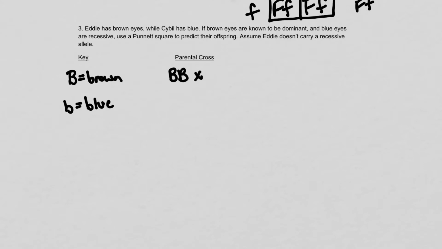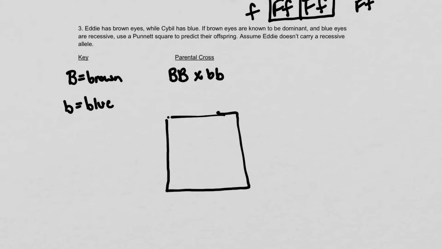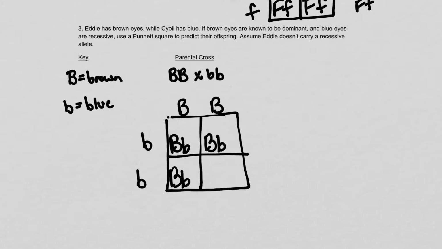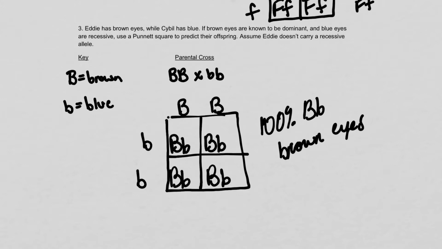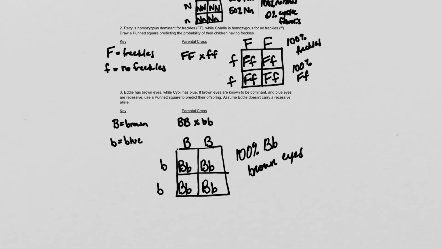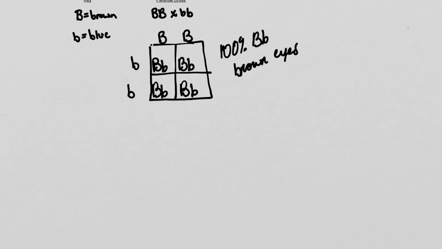If she has blue eyes, she has to be homozygous recessive. 100% of their children are heterozygous, and they are all going to have brown eyes. All right, so that's the first page.